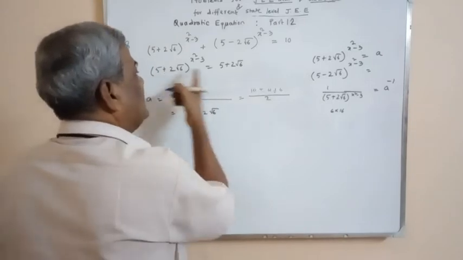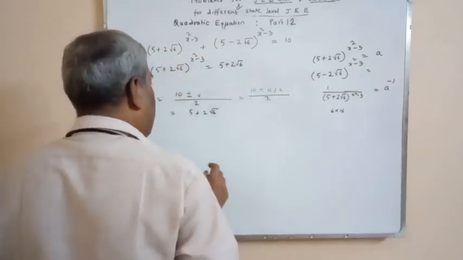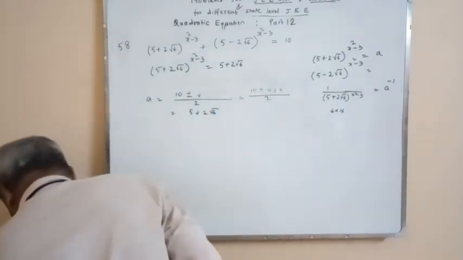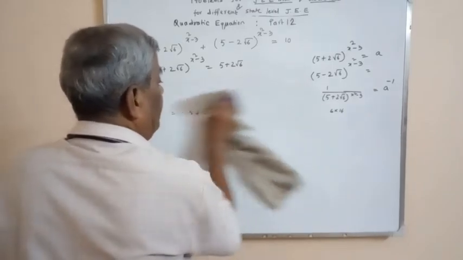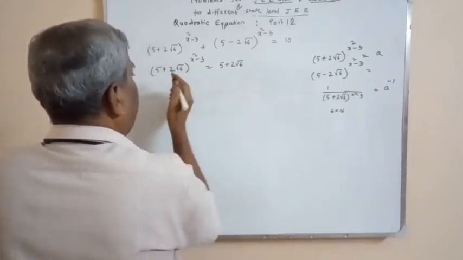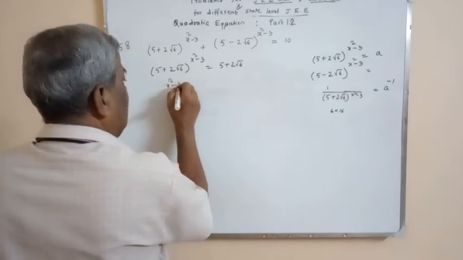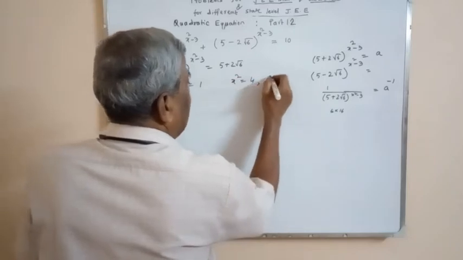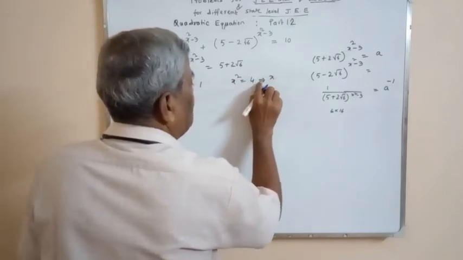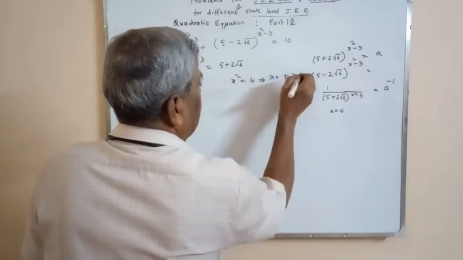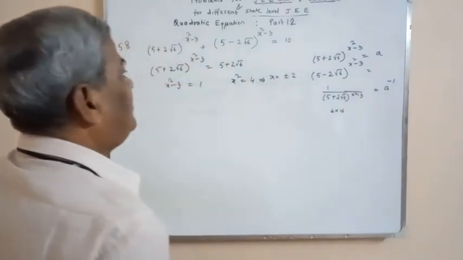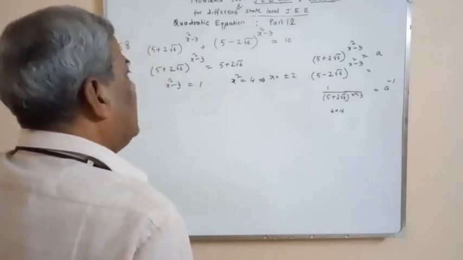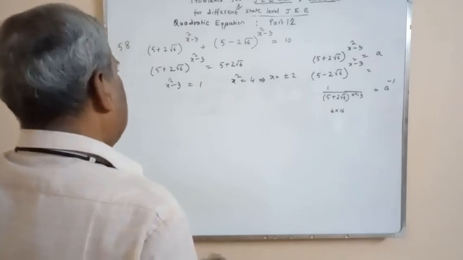So bases are same, powers must be same. Hence, x² − 3 is equal to 1. That is, x² is equal to 4. That is, x is equal to ±2. So we get x is equal to +2 and −2.